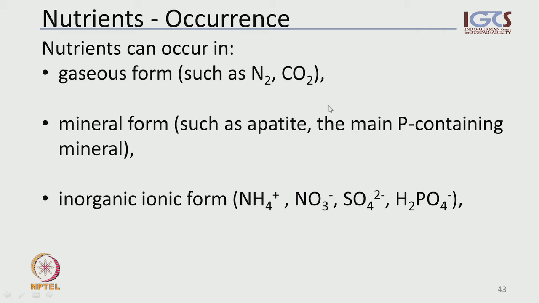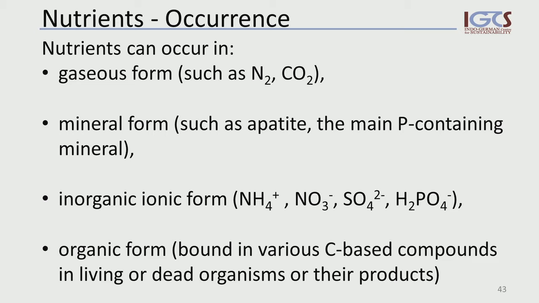They also occur in inorganic ionic form, meaning in solution, for instance in water. And they occur in organic form, for instance mostly bound in carbon-based compounds in living or dead organisms or their byproducts.